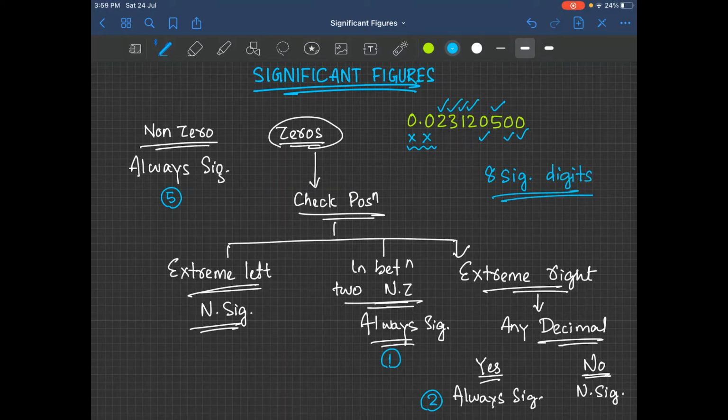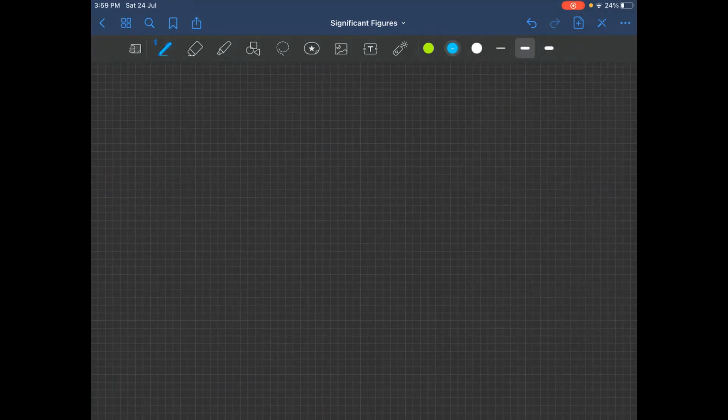Let's take another example. Let's say we have the number 100.200. Any zeros to the left would be non-significant, but do we have zeros at the extreme left here? No, so we can neglect that. How many non-zero digits are there? We have 1 and 2, so 2 non-zero digits. Then let's check these zeros.